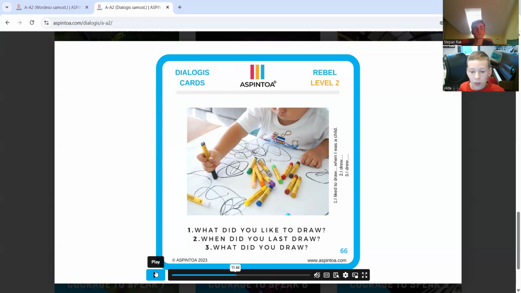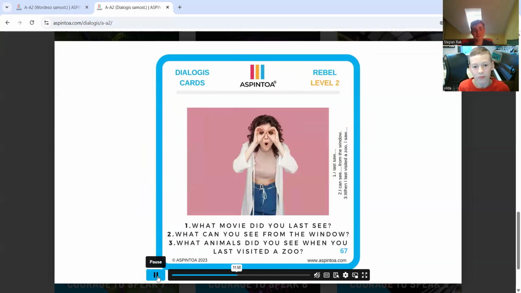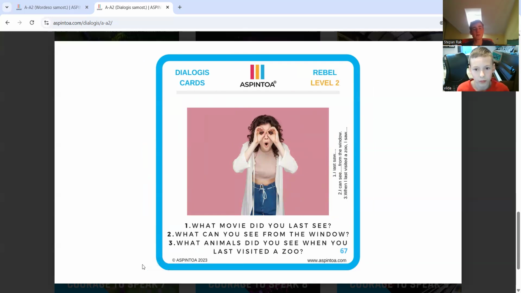And what did you draw? I drew a painting of Minas Tirith from Lord of the Rings. Oh, okay. So I didn't draw it, I painted it. A different thing.